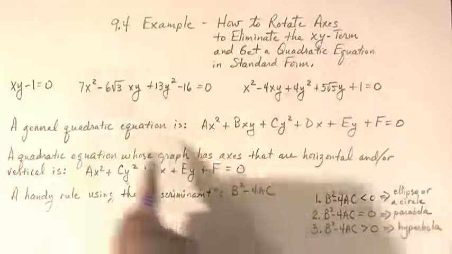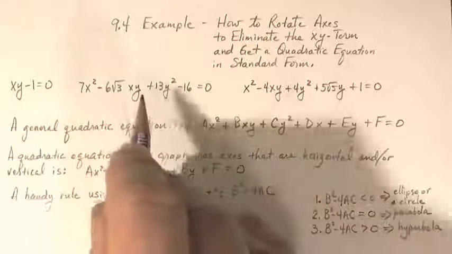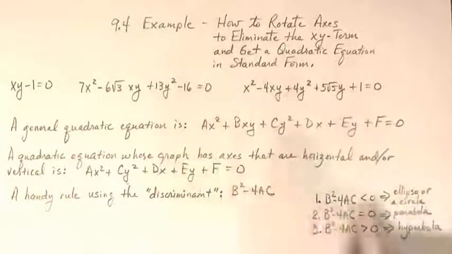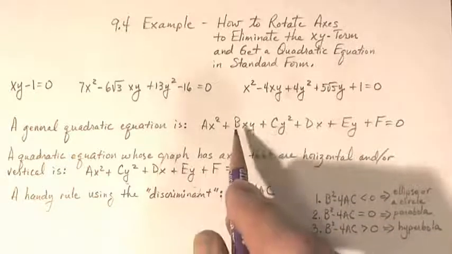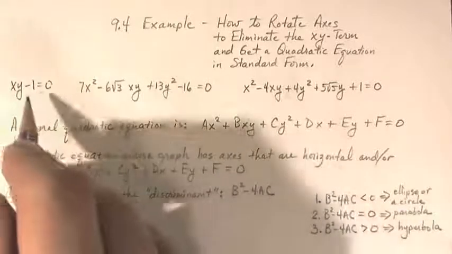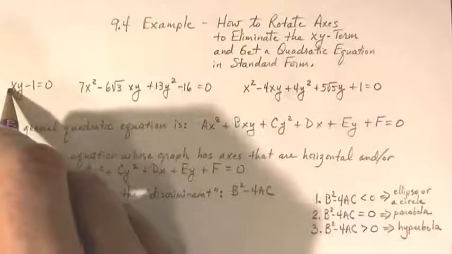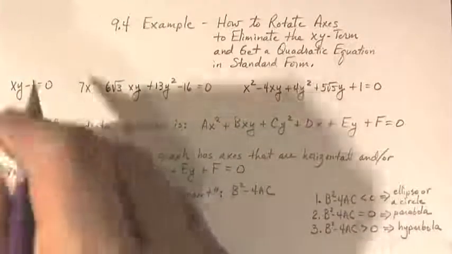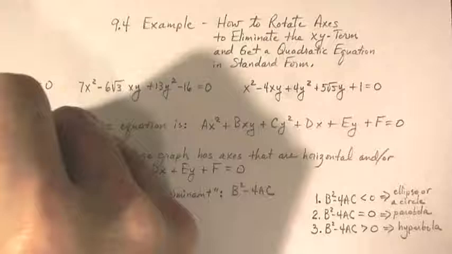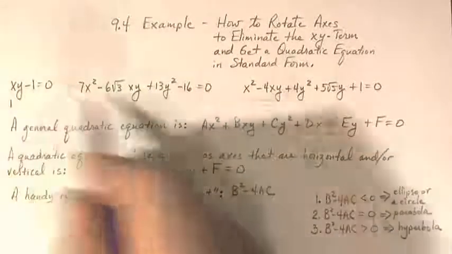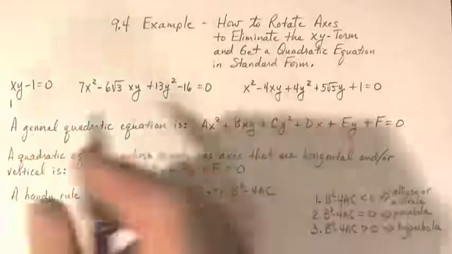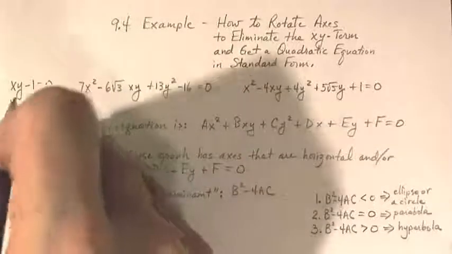So let's look up here and see if we can figure out what each one of these is using these rules. Well, the term that comes with the xy is the b. This is the xy. The b would be a 1. So b squared would be 1. And the a and the c, well, this doesn't have an a and a c term, so those are both 0.